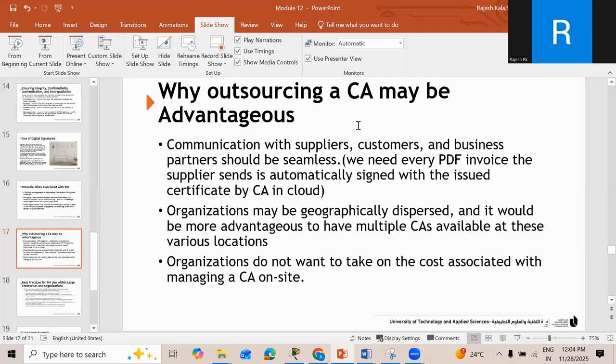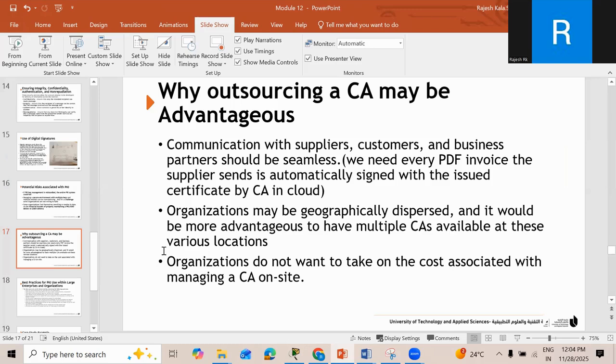If you want to make your own certificate authority, we need the hardware, software, everything. We need to download the software and have hardware. But if you have a certificate authority in the cloud, they will do everything automatically and faster also. And if the company has multiple branches, each branch needs a certificate authority at a different location. It's difficult to manage a certificate authority on every site, because the cost of implementing the hardware and software will be too much.